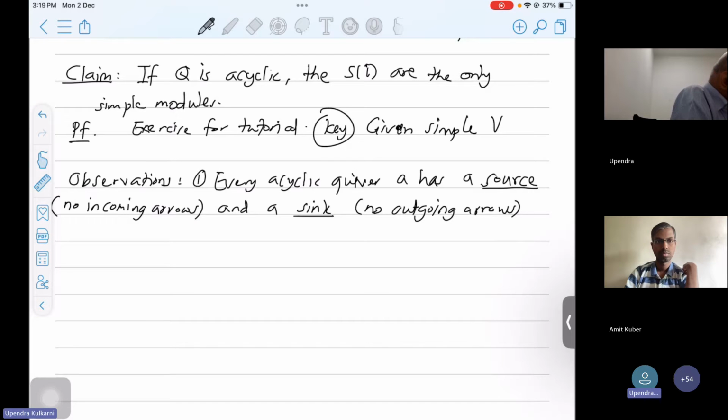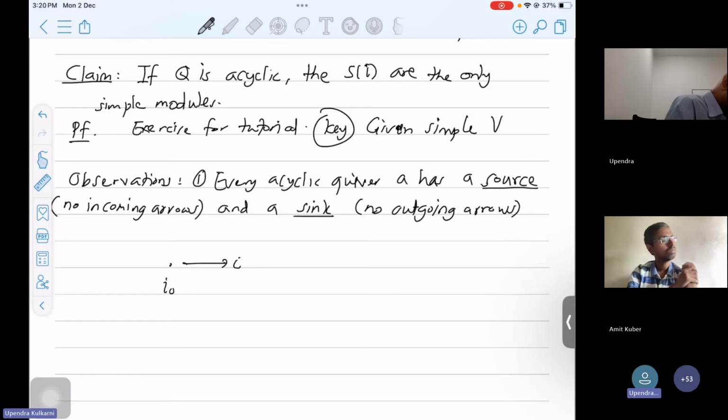Okay, so let's just give some names. I started at vertex I0. If it is not a sink, then that means there is something outgoing.